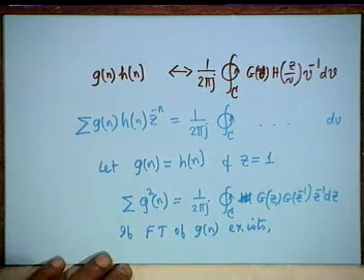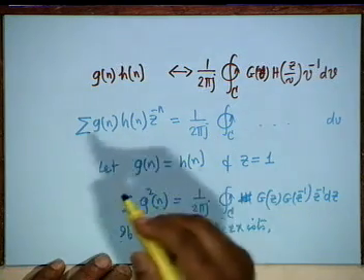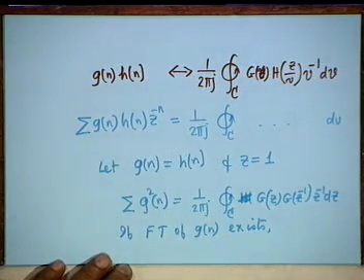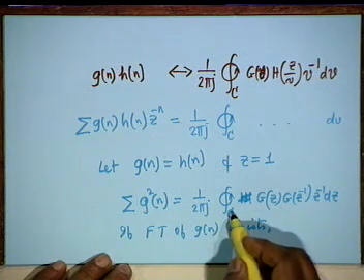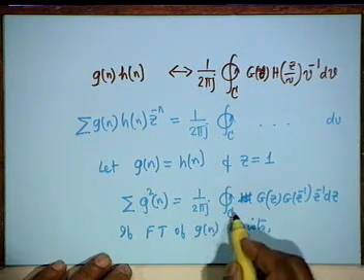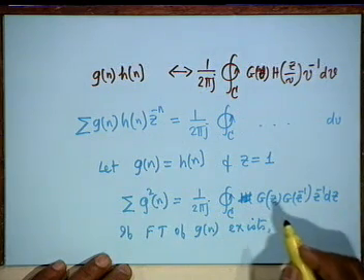Then we could replace small z by e to the power j omega. Agreed? Is this point clear? If the ROC includes the unit circle, then we can replace C by the unit circle, and on the unit circle, small z is equal to e to the j omega.